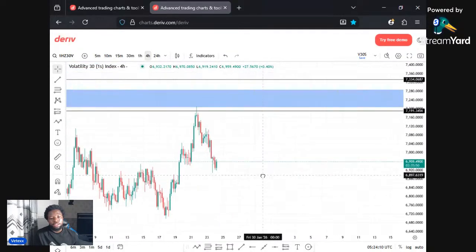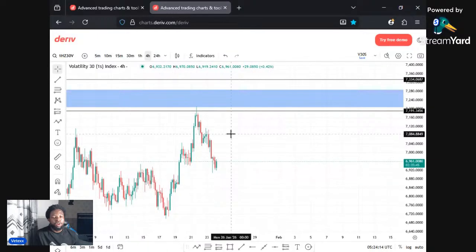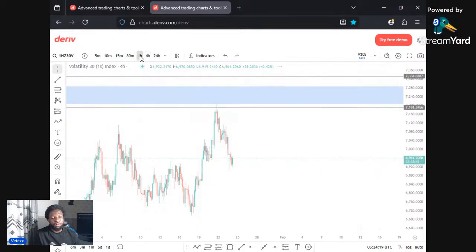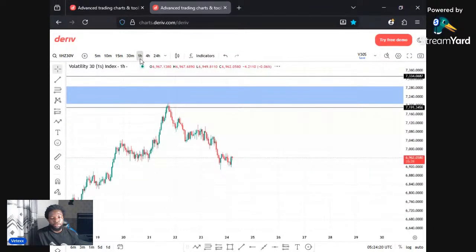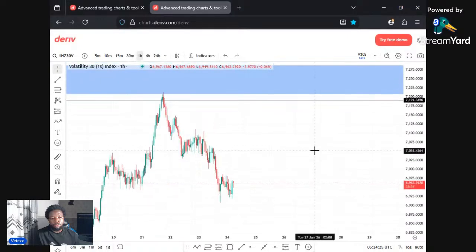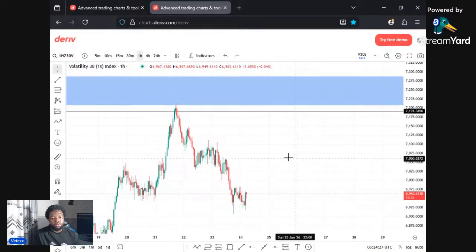Once we see that, then that is what you are going to be waiting for. Okay, now let's check. There's nothing happening currently on the 4 hour time frame on V30S. So let's check the 1 hour time frame if we can possibly anticipate a move on the 1 hour time frame. The 1 hour time frame, still yet nothing. Let me check this.